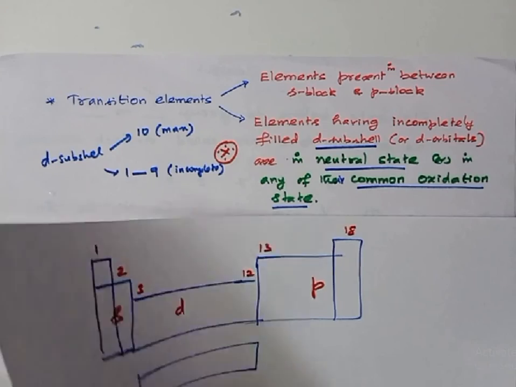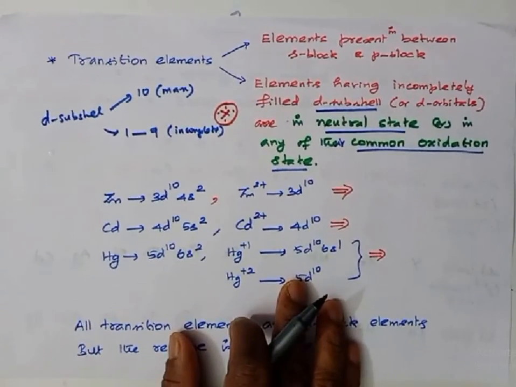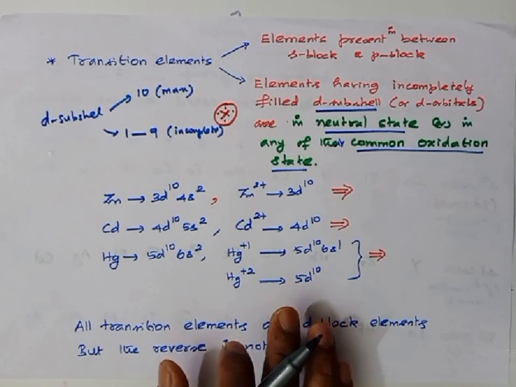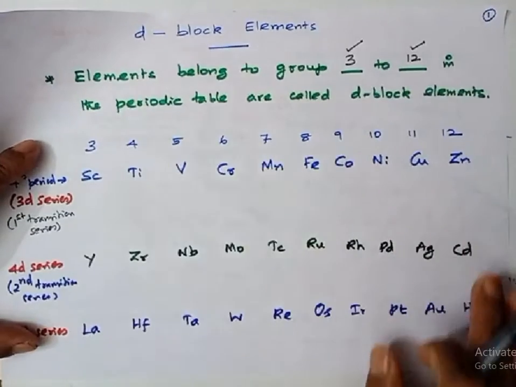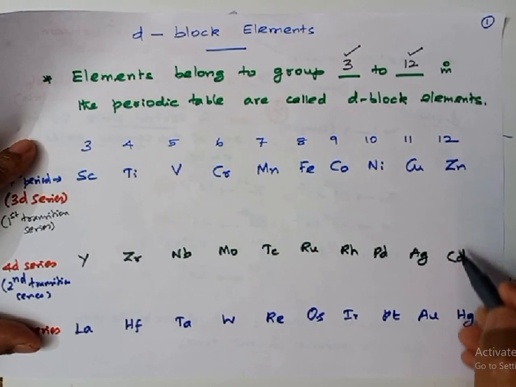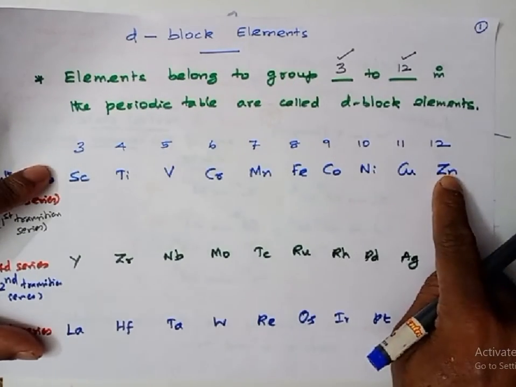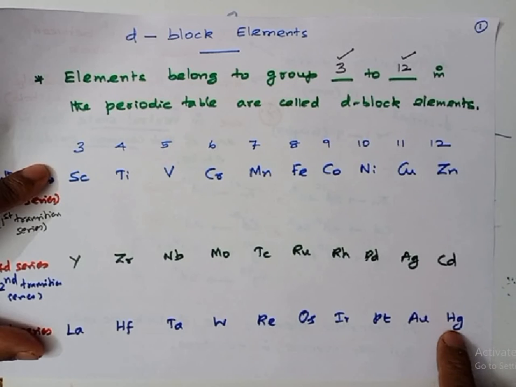Now listen, students, here we have a few questions to ask. In the periodic table, see group number 12, the elements present in group number 12. In group number 12 we have zinc, cadmium and mercury.